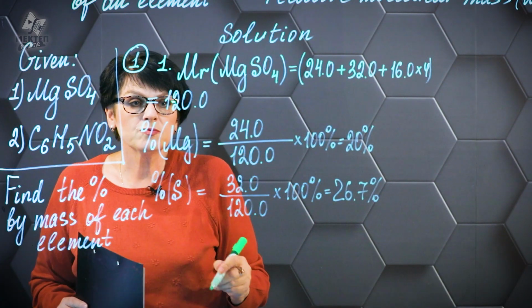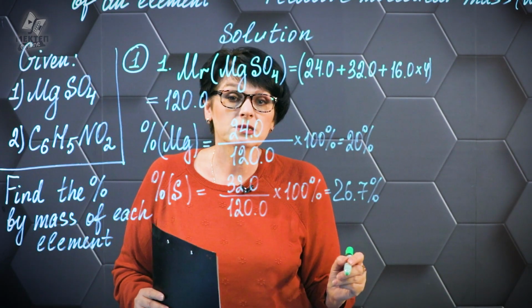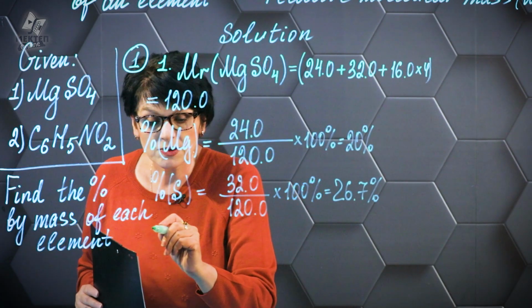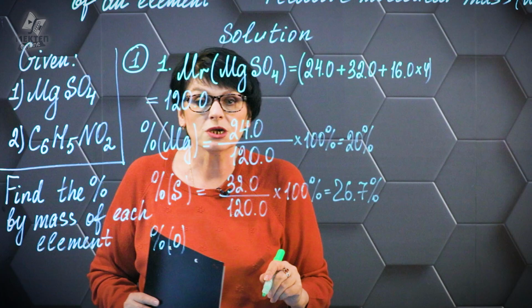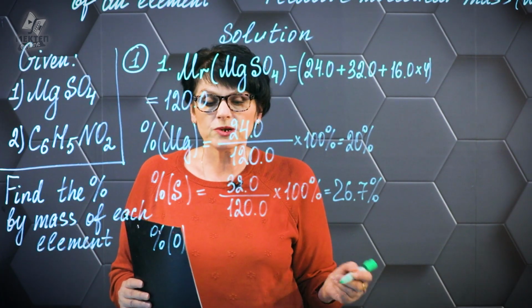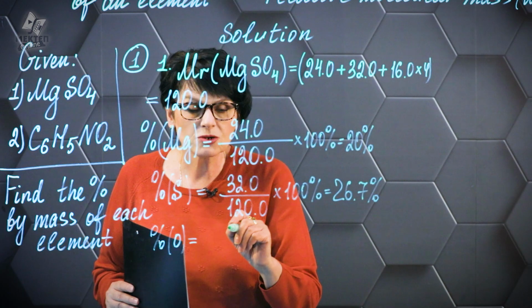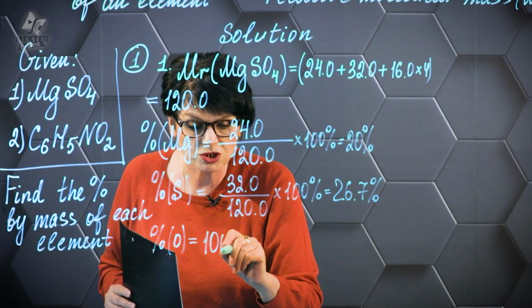Now we can calculate the oxygen as well. The calculation can be done in exactly the same way, but I would like to show you how we can find oxygen much more easily. Since the entire composition of the substance is 100%, it is not necessary to perform such a calculation to find oxygen. We can do it more simply.